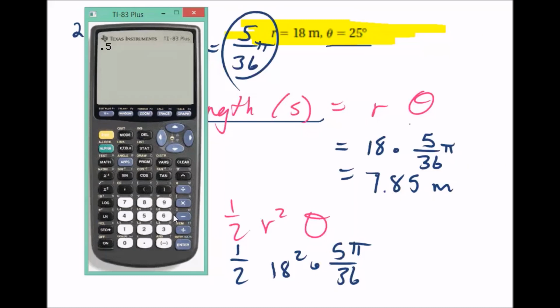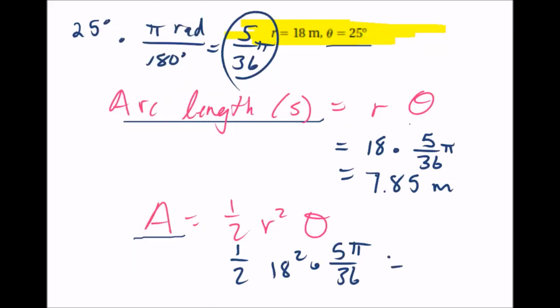So 0.5 for 1/2 times 18 squared times 5 pi, and then divided by 36. I'm going to include that all in one set of parentheses, 5 pi divided by 36. So our area is 70.685. And that's in meters squared.